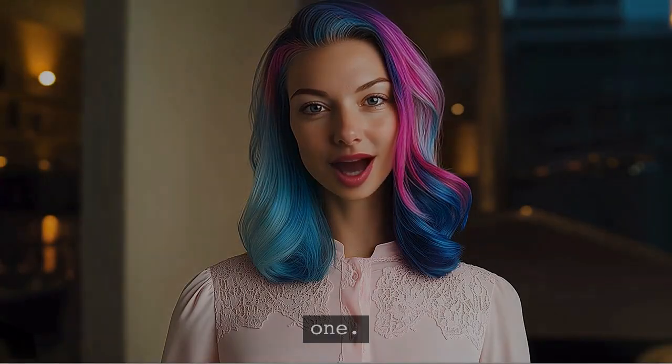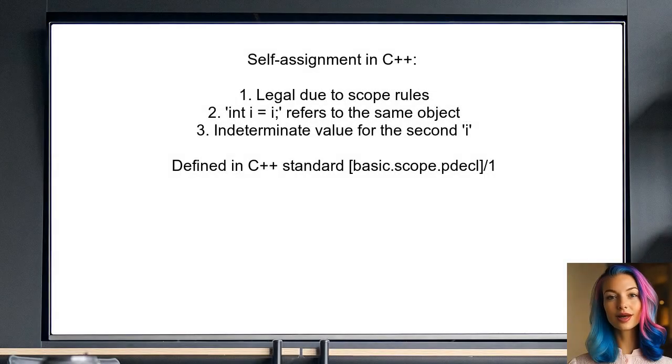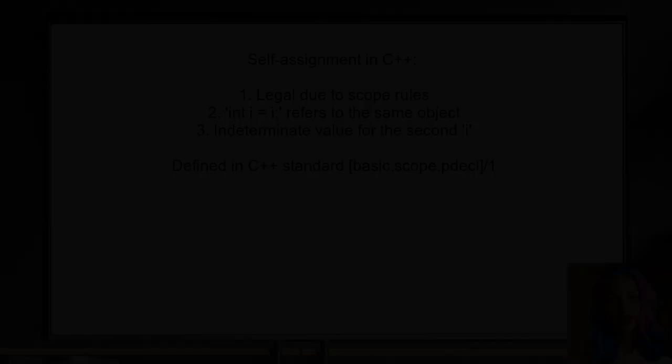Let's explore another one. This user explains that the self-assignment in C++ is legal due to the language's scope rules. When you declare a variable, like in int i = i, the second i refers to the same object as the first, but it has an indeterminate value. This behavior is defined in the C++ standard, which states that the point of declaration is right after the variable's declarator and before its initializer.